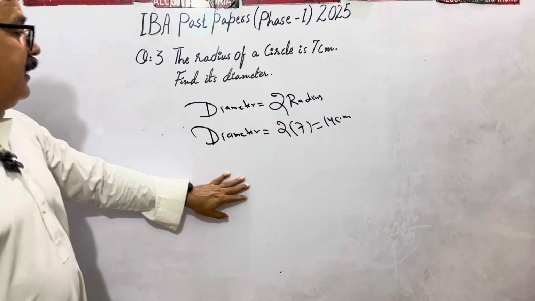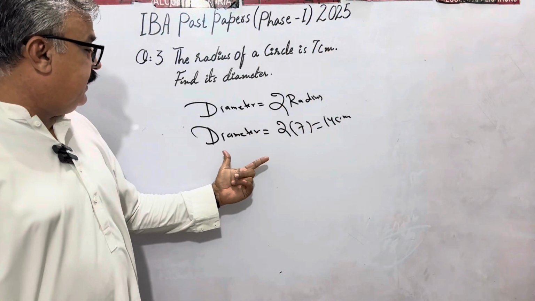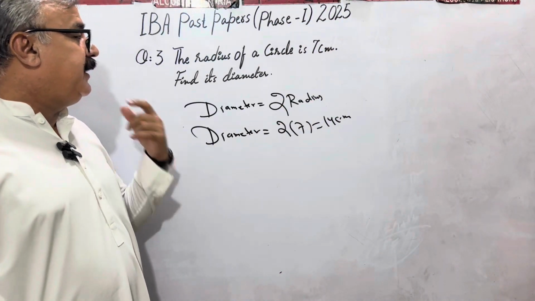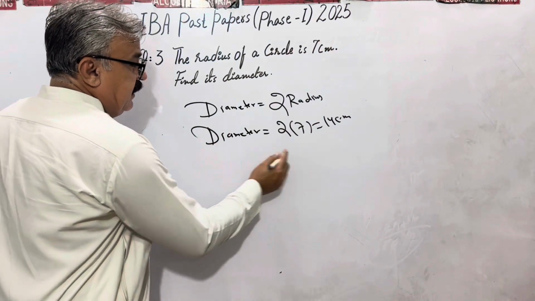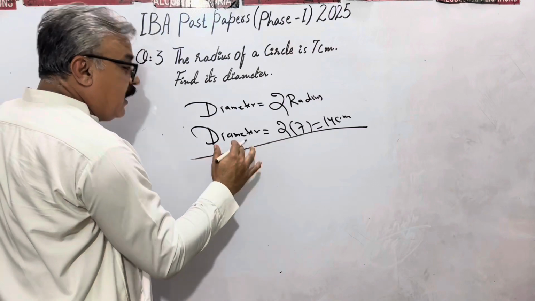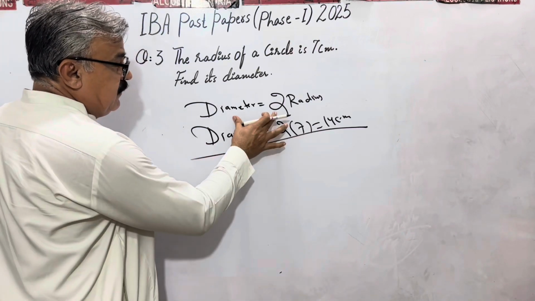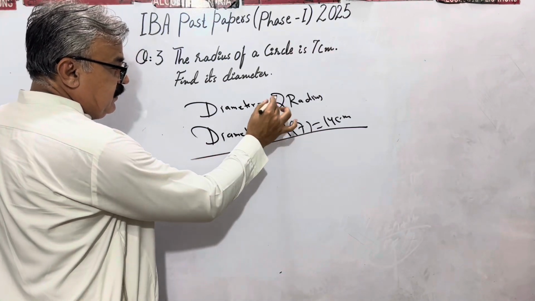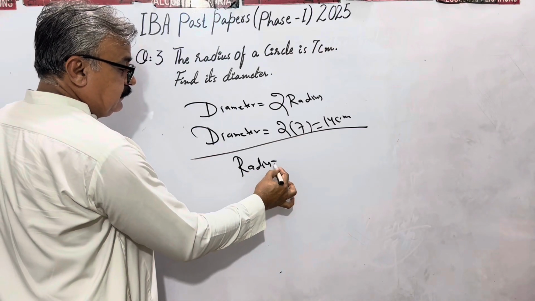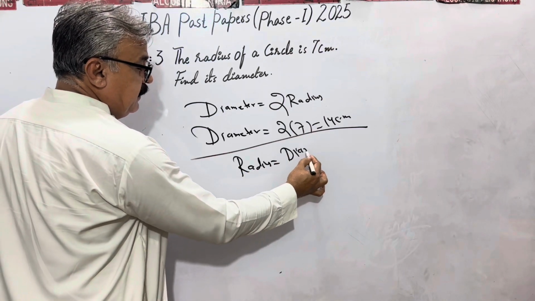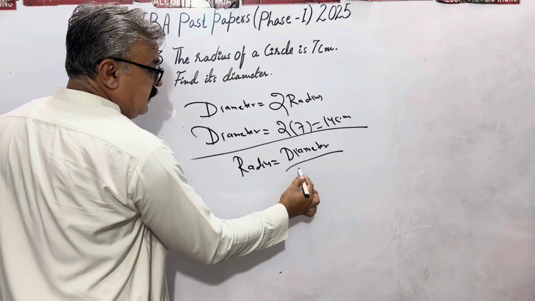Double of the radius is equal to diameter, or half of the diameter is equal to radius. Shifting, radius is equal to diameter divided by 2.